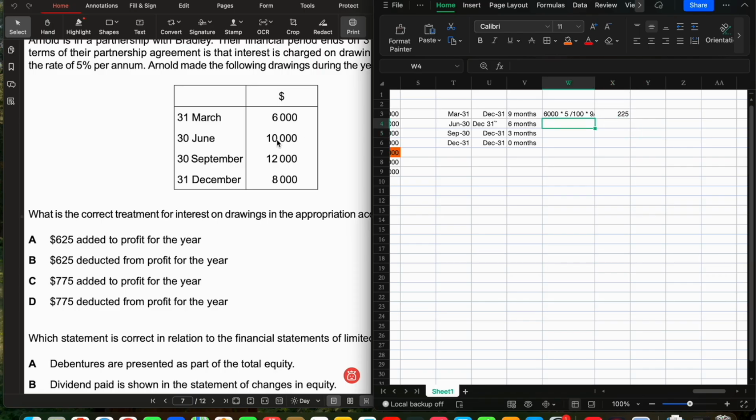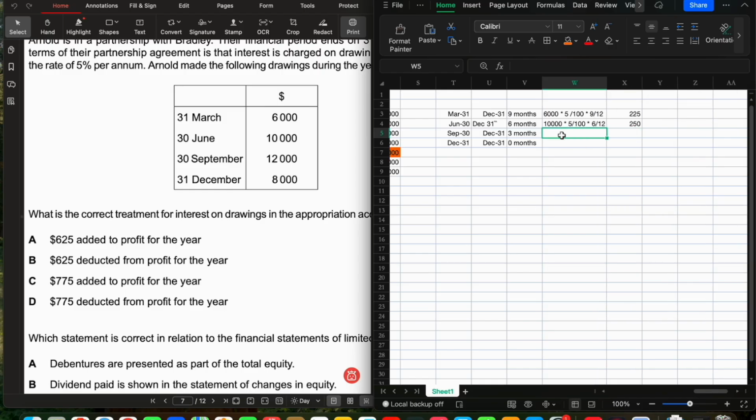Second one, the drawings is 10,000 and this is also 5%, and we need to calculate on a monthly basis, so 6 months out of 12 months. So the amount out here is 250.